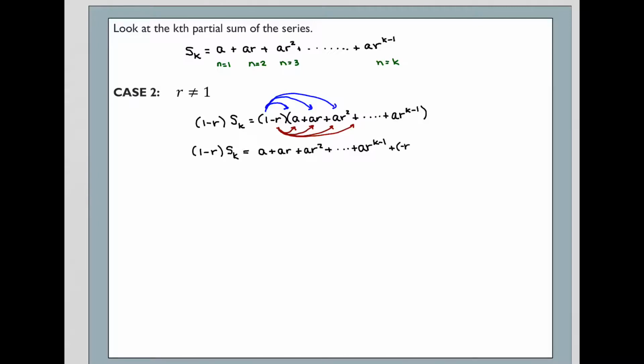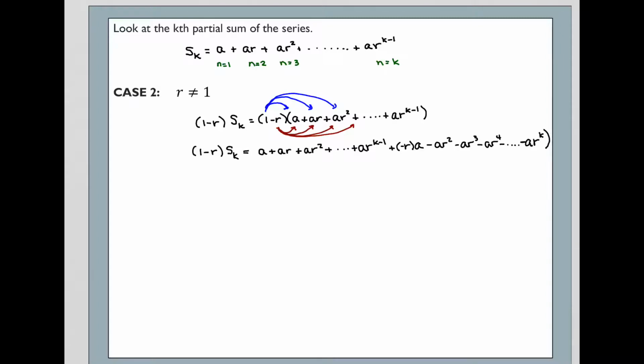So then I have the negative ra, or if you like, negative ar squared, and then negative ar cubed, and then negative ar to the fourth. Do you see a pattern? I'm going to go all the way down, and then that last term is going to be negative ar to the k. Do you see that?